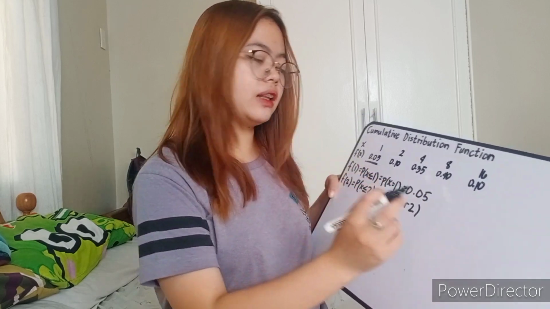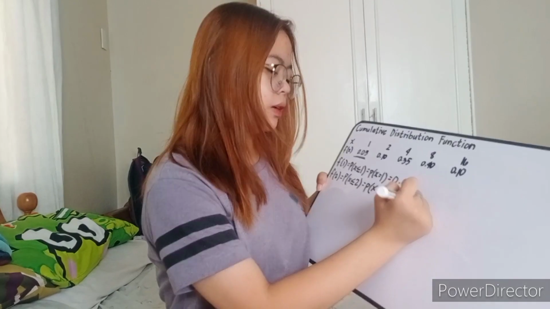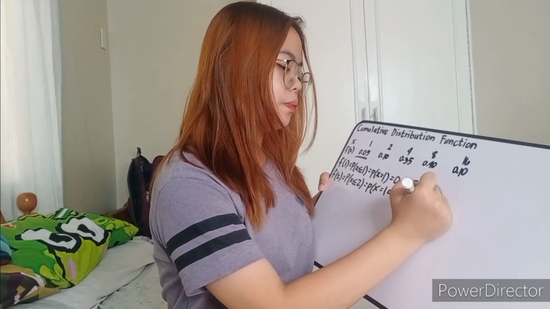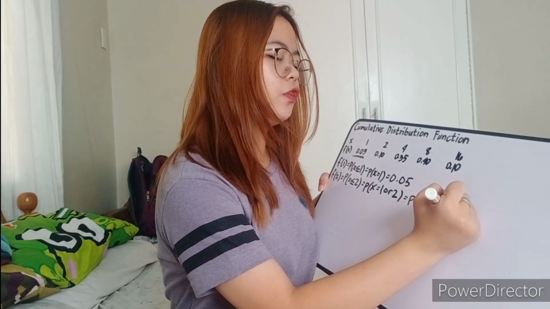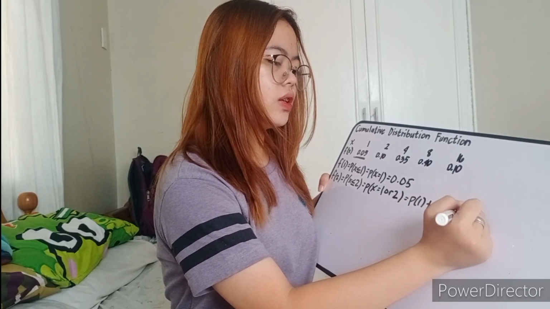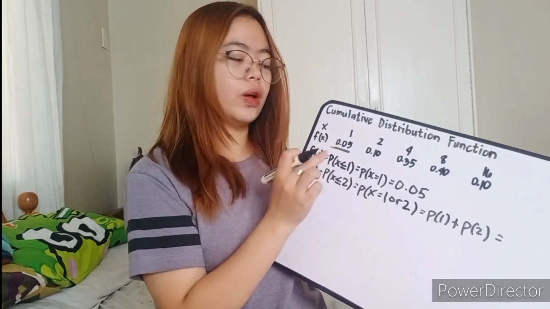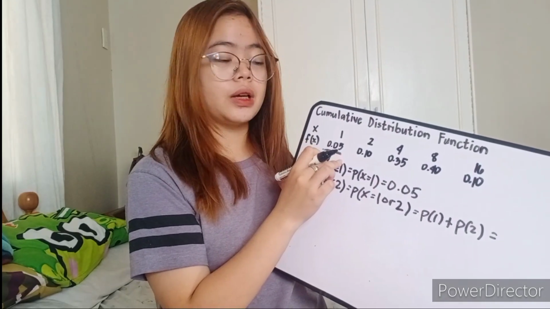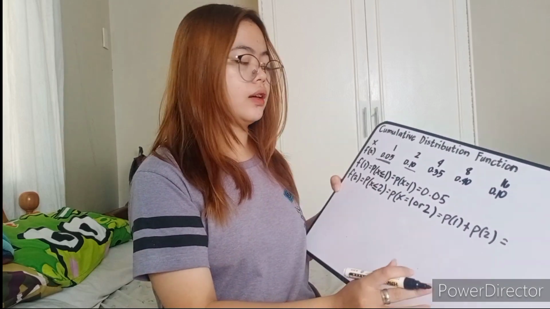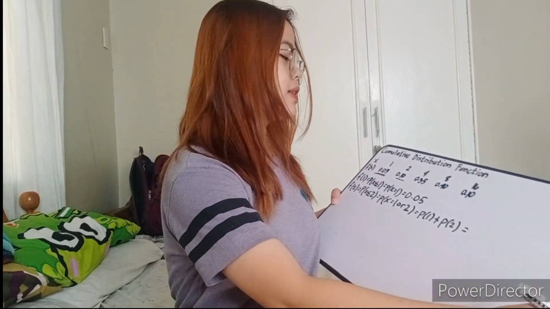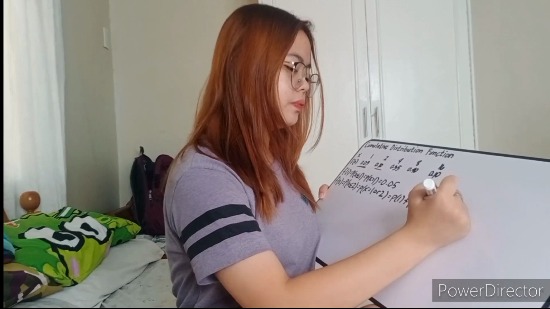So, ang gagawin natin dito, pag-a-addin natin. So, probability of 1 plus the probability of 2 is equals to probability ng 1 natin, 0.05 plus probability ng 2, 0.10. Pag pinag-add siya is 0.15.